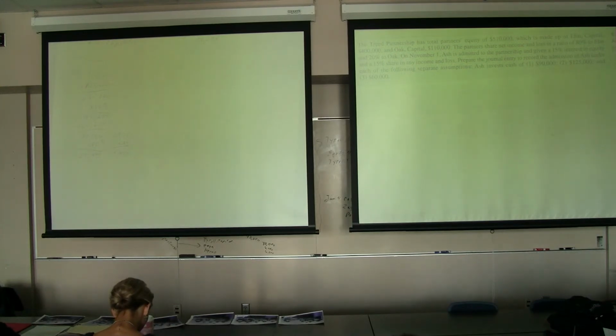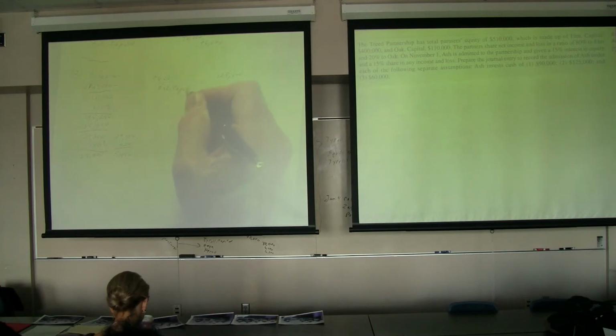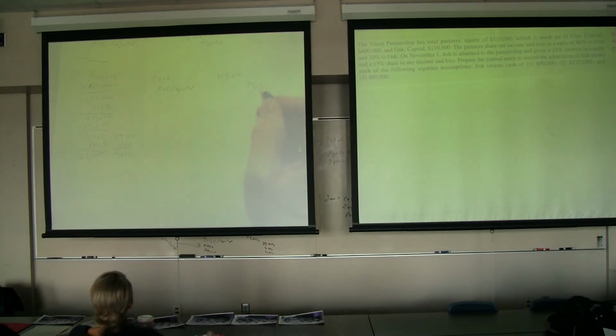So the journal entry, let's just put it over here so it all fits on one page nicely. Cash will be debited for the 125,000, that's the amount of the investment. Ash, capital will be credited for the 95,250.